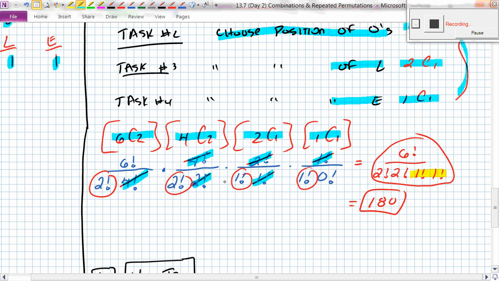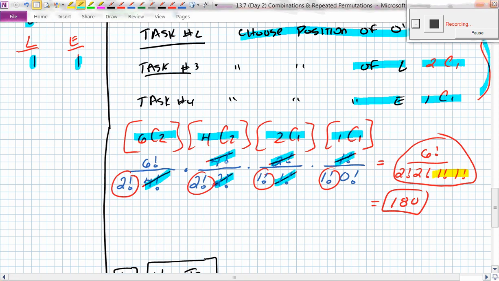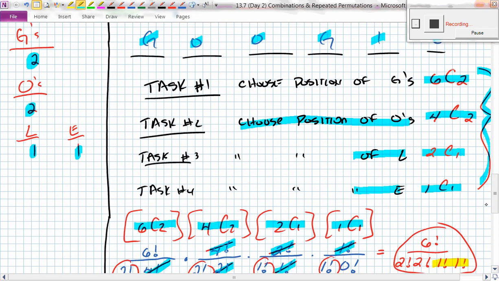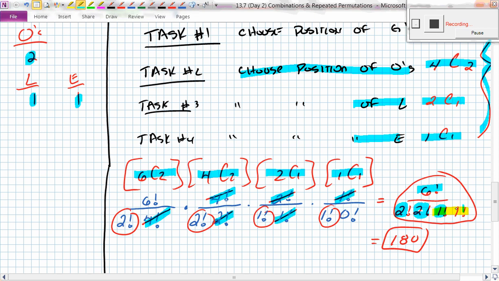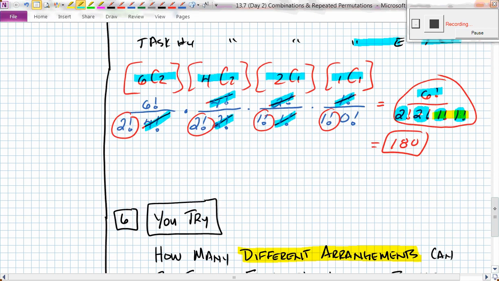Which is not a coincidence, because if you remember over here, we had 6 total letters: 2 G's, 2 O's, 1 L, and 1 E. So we came up with a general formula to help us out, and it turns out there were 180 different permutations of the word Google.